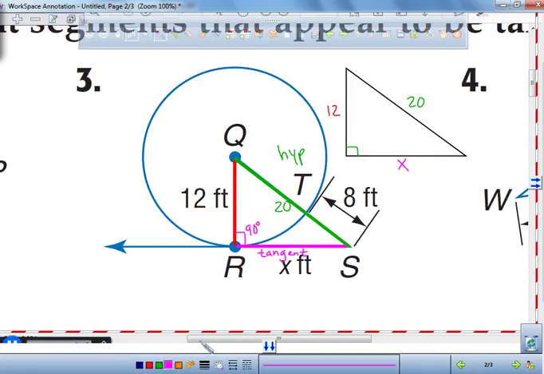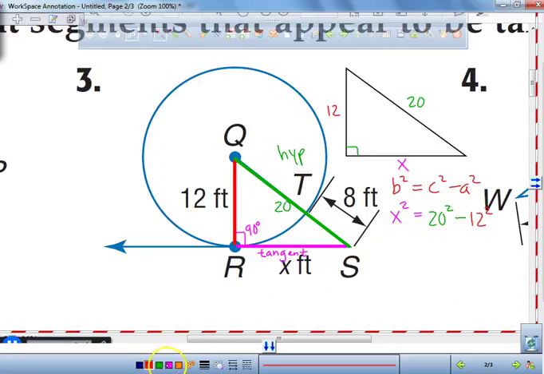Just remember, x squared will equal 20 squared minus 12 squared. This is from b squared equals c squared minus a squared. That's another way of looking at it.